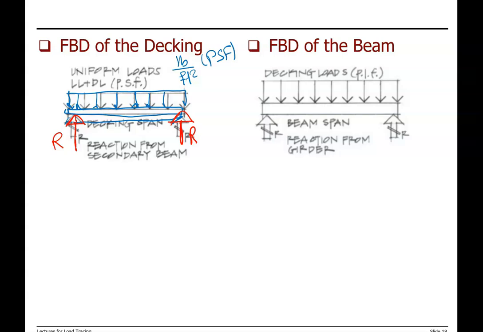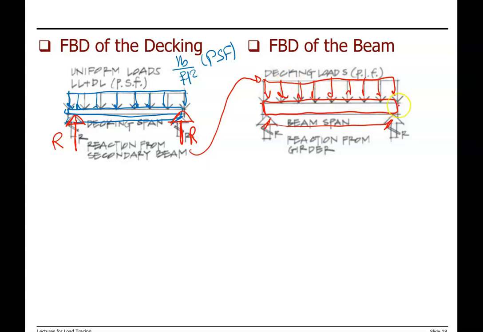So we have beams supporting the deck. The next free body diagram is the FBD of the beam. This distance is the beam span, and the reactions are forces applied or transferred to the beam.